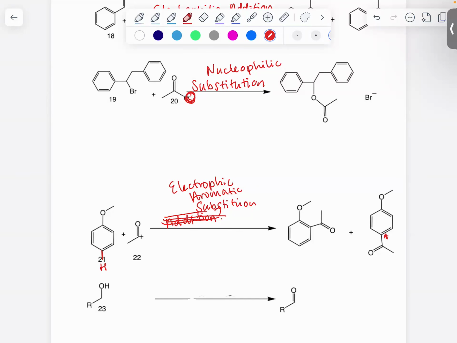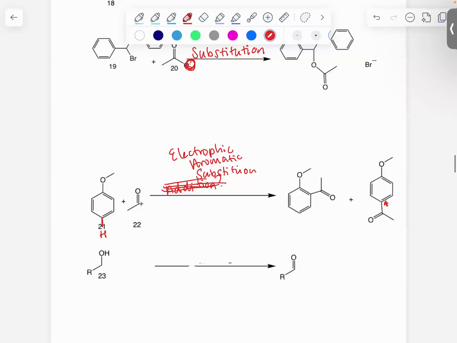Wait, so how do you know if it's addition versus substitution? Well, in addition, we'll see something added to both sides of the double bond. In a substitution, we'll see two things basically trading spots. If it has an aromatic molecule in it and it's substitution, will it be aromatic substitution?